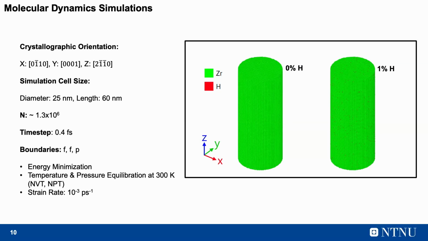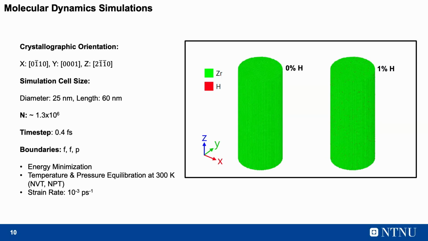It also has HCP crystals and shows the same slip system as titanium. We again used the same crystallographic orientation where we have the 2, -1, -1, 0 direction in the Z. And we have a simulation cell where the diameter is 25 nanometer and the length is 60 nanometer. And we performed 2 different simulations, one with hydrogen and one without hydrogen.